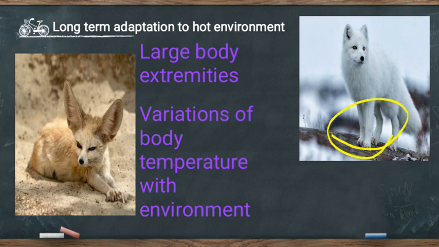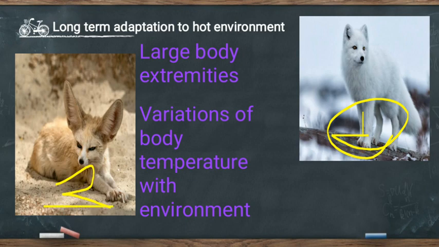This one is fox number 1, and this is fox number 2. You can critically observe the pinnae, the ears of fox number 2. They are large compared to its counterpart, fox number 1. This one lives in a very cold environment and this one lives in a hot environment.